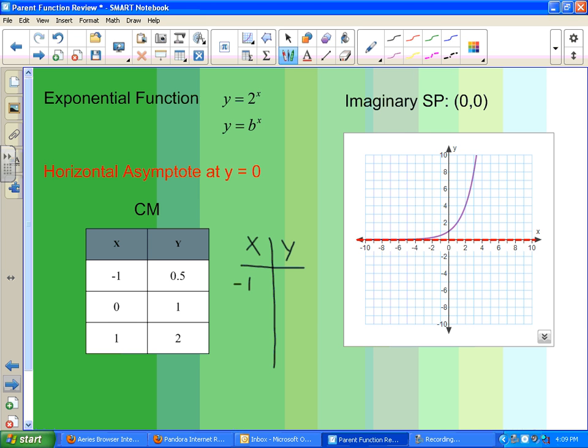If I have a base of 10, I'd be down 1 over 10. So I'd have a 1 over b movement for my y. And then this will always be 0, 1. And then my next one will always be 1, b. Again, b being the base value of that function. There's your 0, 1. This one has a 1, 2.